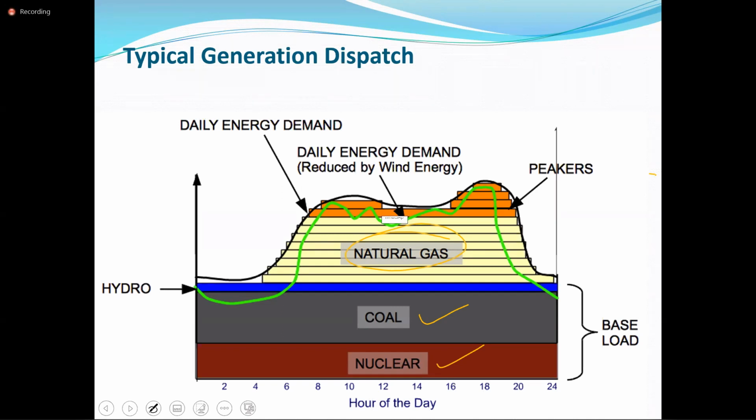And then of course what this green is showing is how the demand is offset by the wind energy. Because for wind in particular, you take it as it is produced. So there's no planned dispatch of wind, even though there are certain patterns.